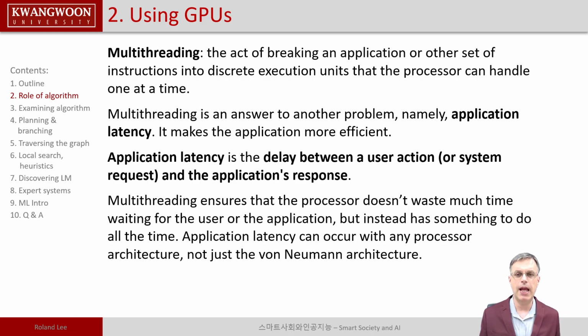When an application adds latency issues to the von Neumann bottleneck, the entire system slows down. Multithreading ensures that the processor doesn't waste yet more time waiting for the user or the other application, but instead has something to do all the time. Application latency can occur with any processor architecture, not just the von Neumann architecture. Even so, anything that speeds the overall operation of an application is visible to the user and the system as a whole.